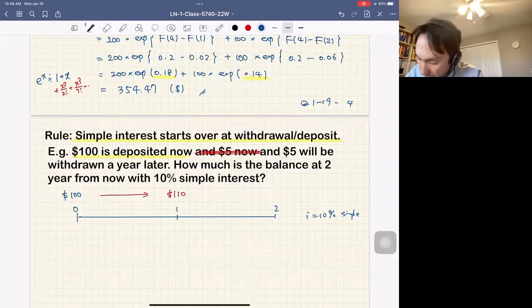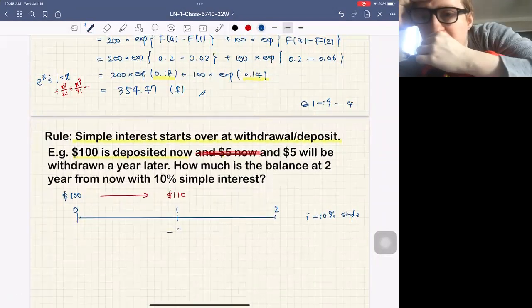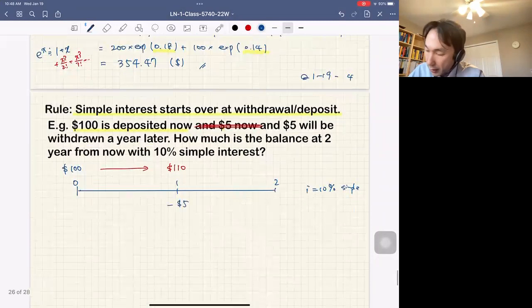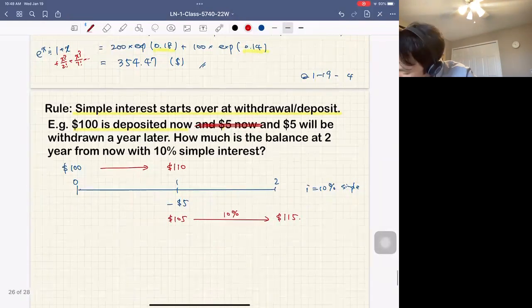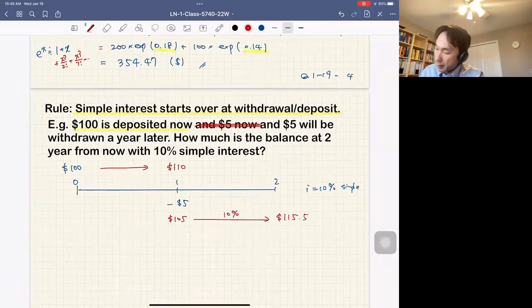I put negative $5 here, right? So then this becomes 105. Then this $105 earns interest. So the answer is $115.5, like the plus 10%.